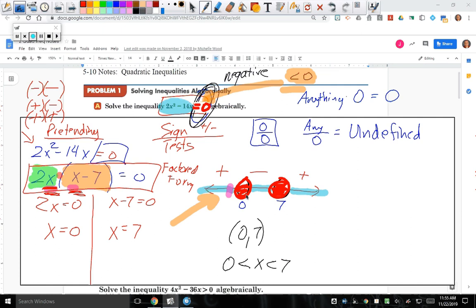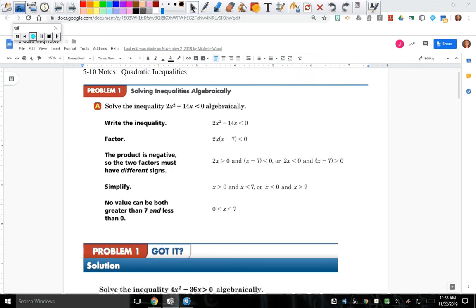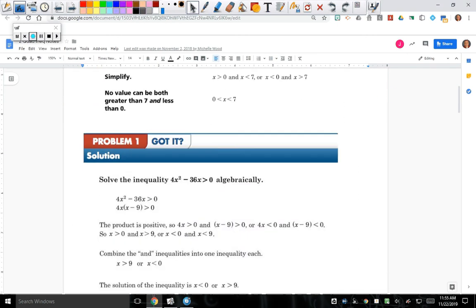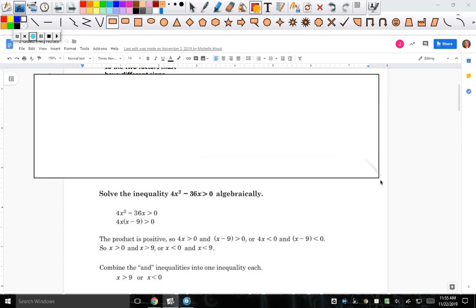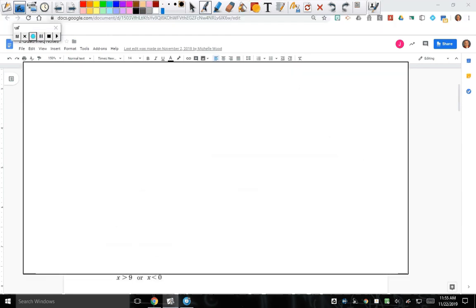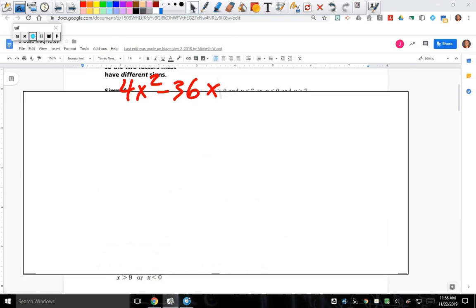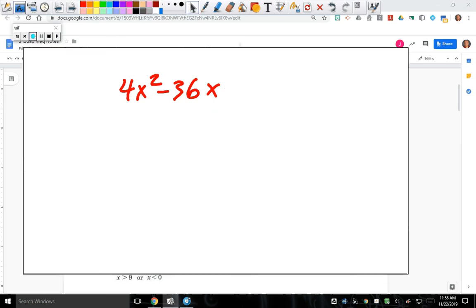Alright, so let's get another practice and then we'll go to bonus points. So our next practice we're going to look at together is this one right here. So 4x squared minus 36x, and it says is greater than 0.